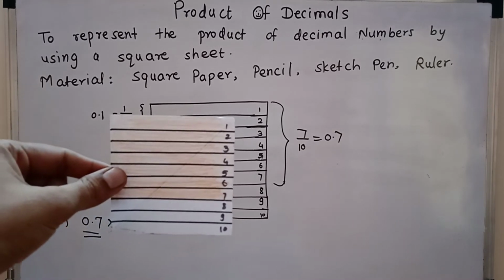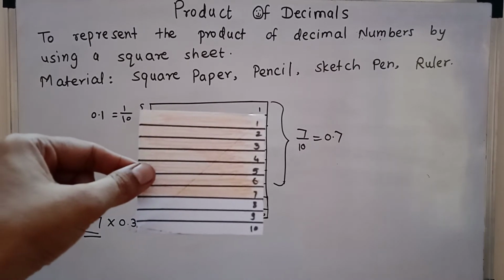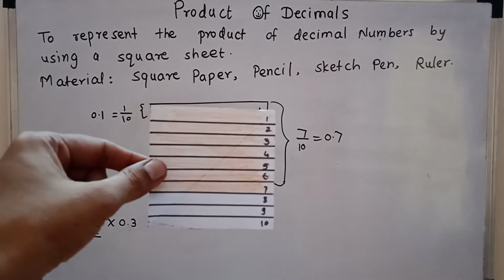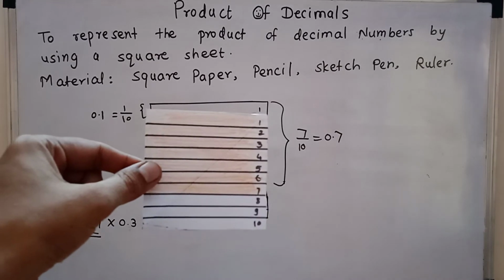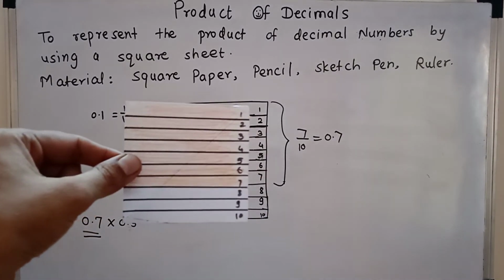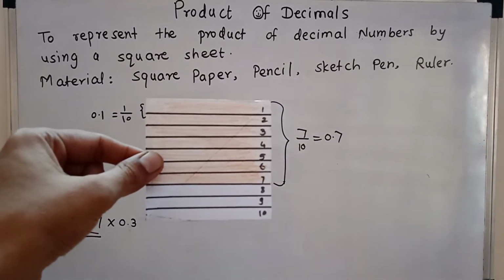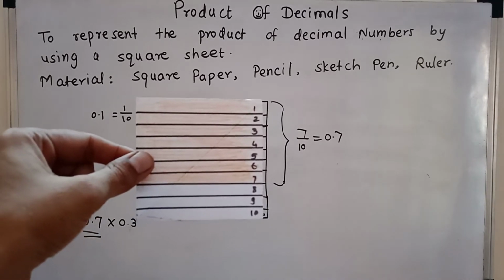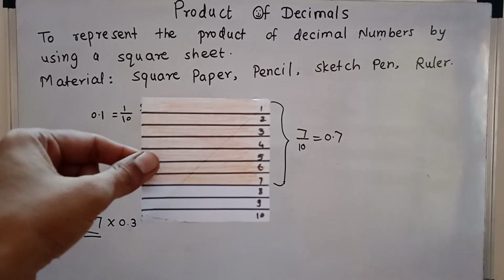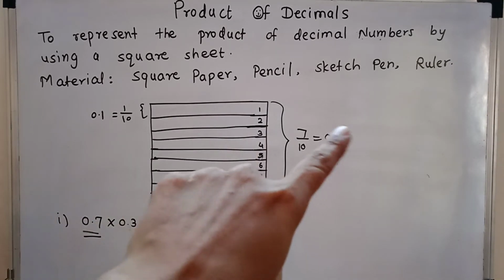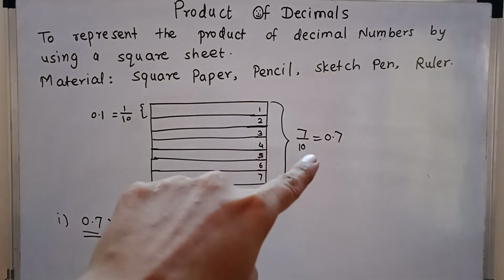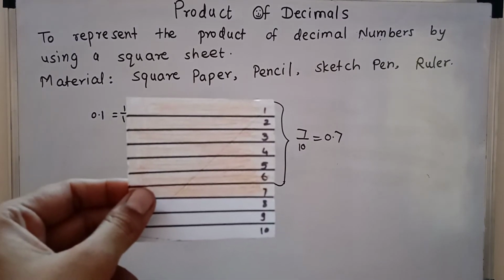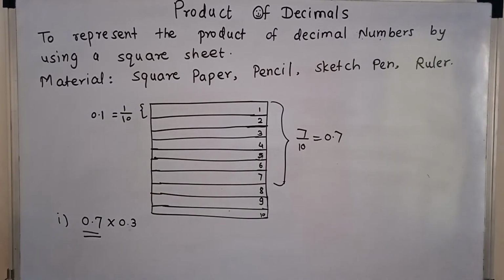Now consider our paper. Color with any colors you have, it might be a sketch pen or color pencils. Color the 7 lines out of 10. So it will represent what? 0.7. So you should take any square paper and make the 7 lines on that square paper horizontally, and it will look like that.